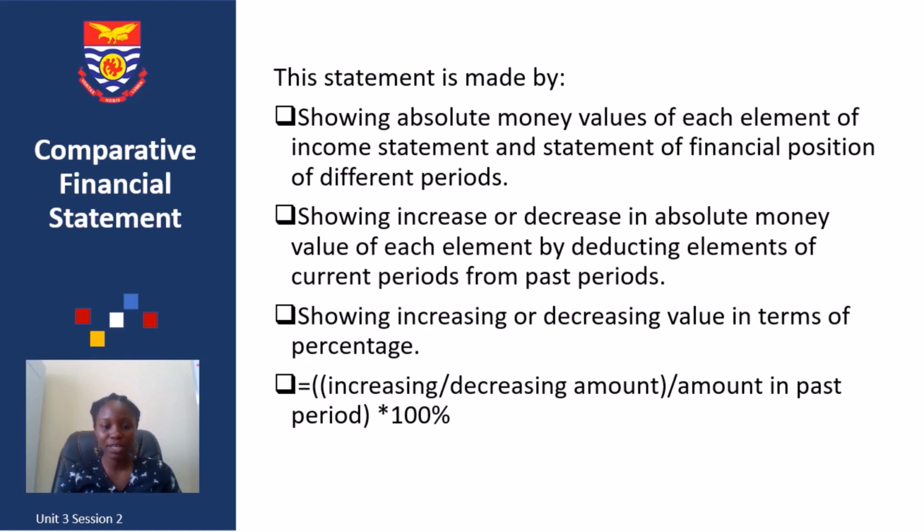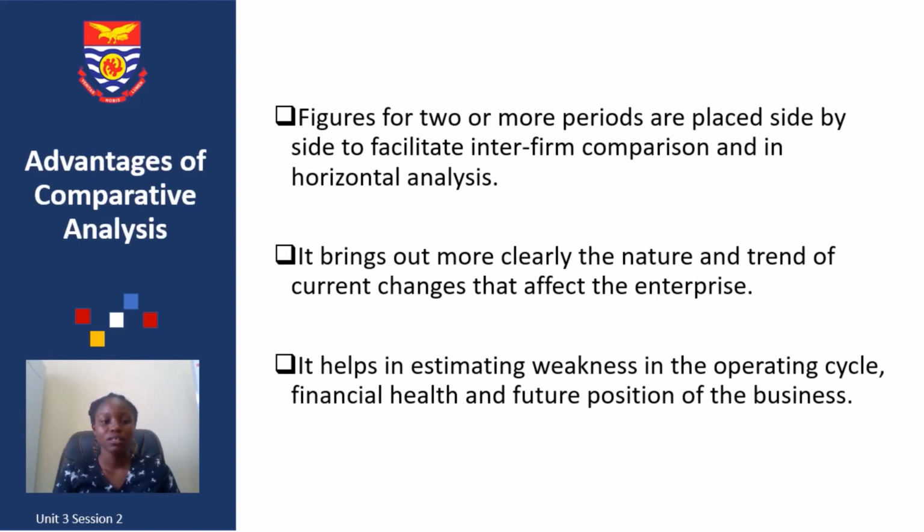That value you get, that's the difference. You divide it by the past period amount. So the difference divided by the amount of that particular inventory in 2015, multiplied by 100, and that would be the percentage. Now, what are the advantages of performing a comparative analysis?